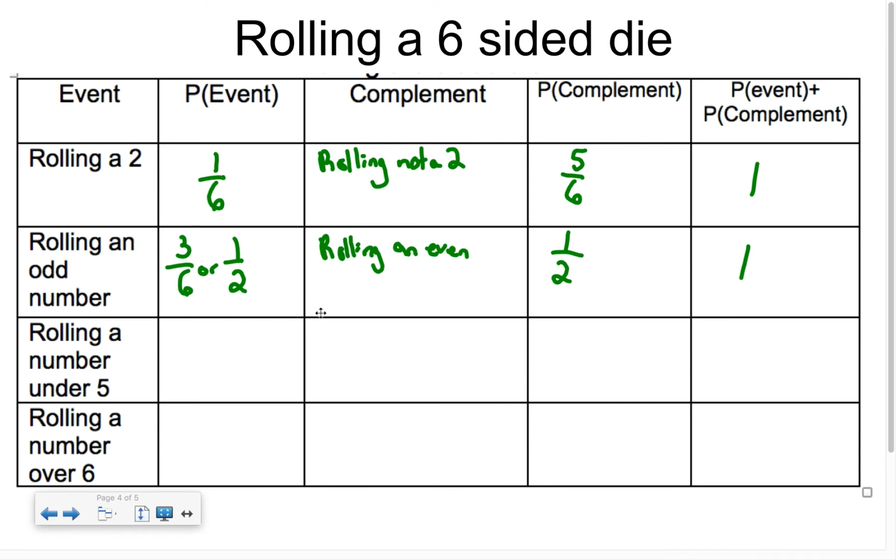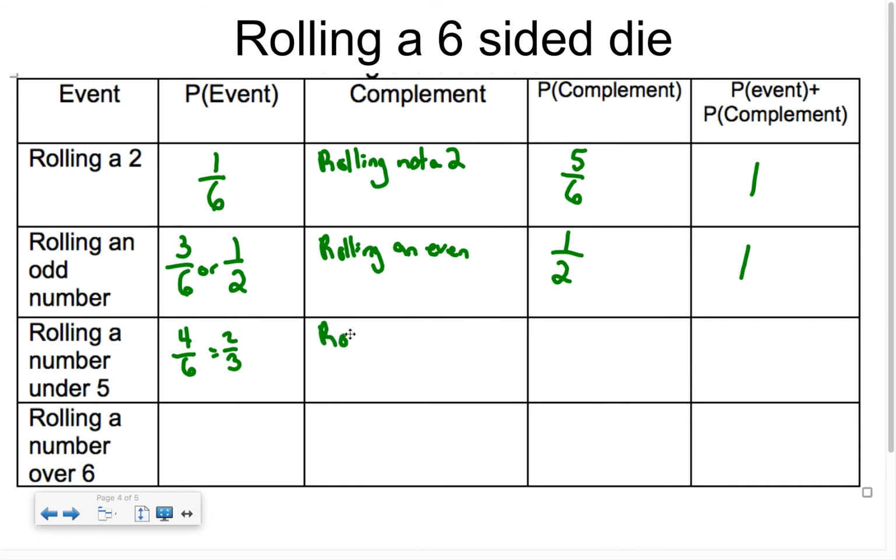If you want to pause it here and try the next two on your own, go for it. If not, we'll work through it together. So the probability of rolling a number under 5. So under 5, there's going to be 4 out of the 6, 1, 2, 3, or 4. Those are all under 5, which is 2/3. And since we're talking about rolling a six-sided die, rolling a number under 5 was 1 through 4.